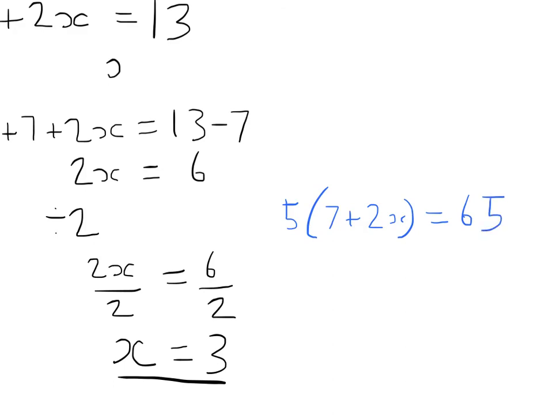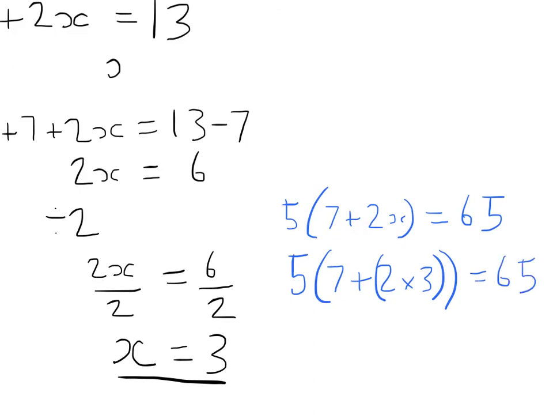Okay, so let's sub it in. 5 multiplied by 7 plus 2 times 3. Do that first. Equals 65. Okay, so 2 times 3 is 6, plus 7 is 13. So 5 times 13 equals, yes it does, 65. We have it correct. There we are.